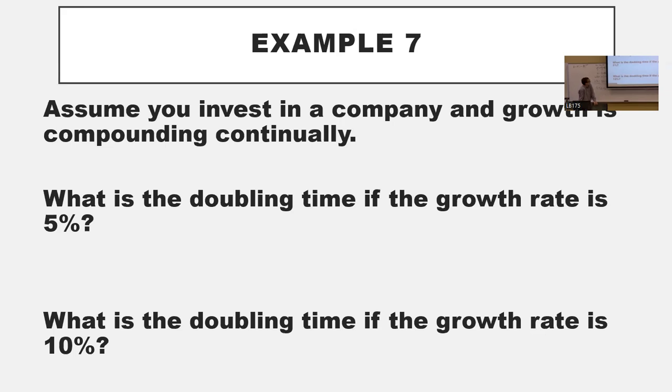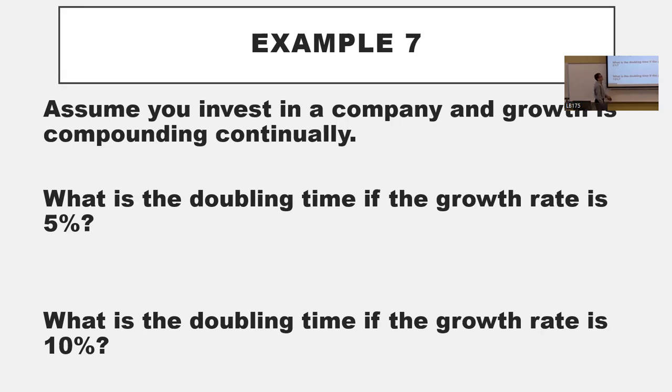All right. Instead, I'll do the last one, which is example 7. In example 7, it says, assume you invest in a company and growth is compounding continually.